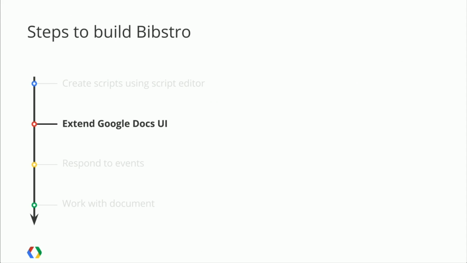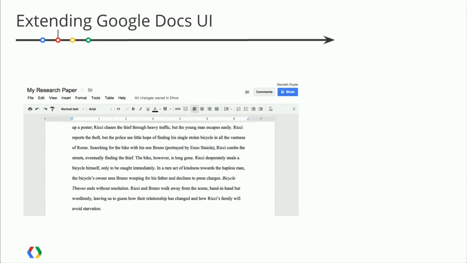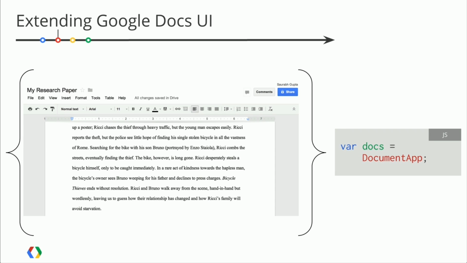What's next? The second thing is you want to identify how you want to plug your app into the UI of Google Docs. So again, this is Google Docs. And anything that you want to do with Google Docs always starts with this class called DocumentApp.